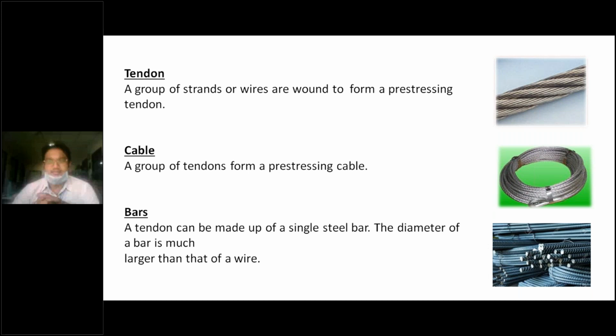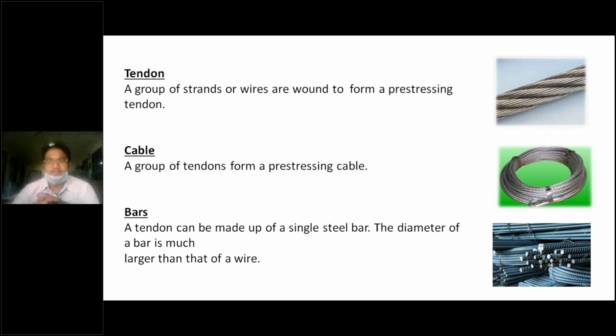It's an add-on each time, so you have to understand one by one: wire, strand, tendon, and finally the cable. A group of tendons forms a prestressing cable. Majorly these cables are used for cable stayed and suspension structures, where a bunch of tendons is made into a cable, and they are used for carrying the tensile forces.